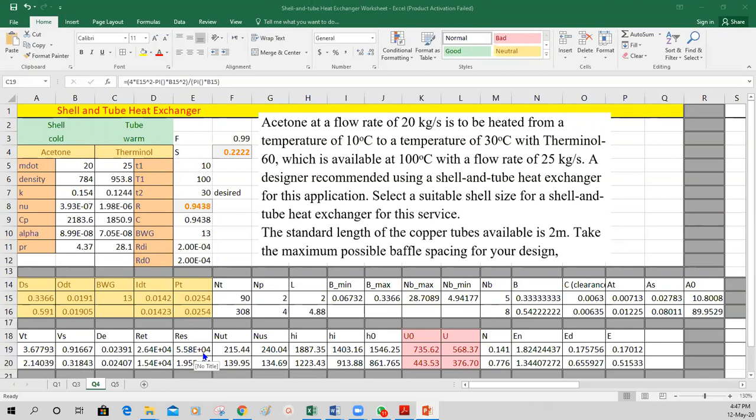Correct, so we got the DE also. Now we need to calculate RE for the tube side and the shell side. The formula is again given on page 472 for the Reynolds number, tube side and shell side.